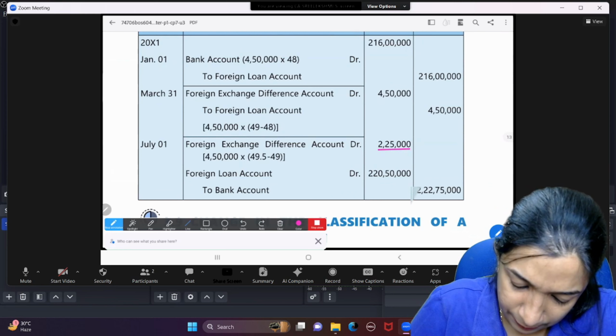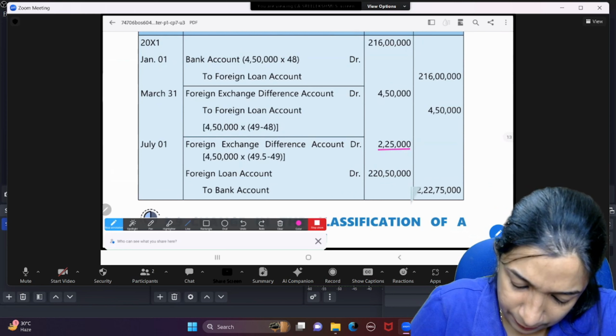If journal entries are asked in the exam, you have to write the narration also: being purchases made in foreign currency, being the purchases recorded at spot rate. Now, will these purchases, raw materials, be affected by the foreign currency fluctuations? No, but the creditors will definitely be affected.